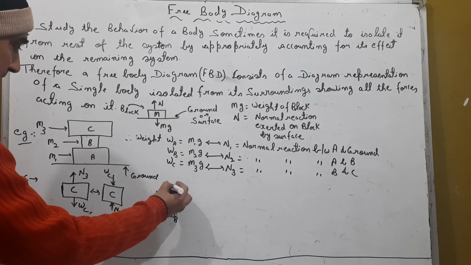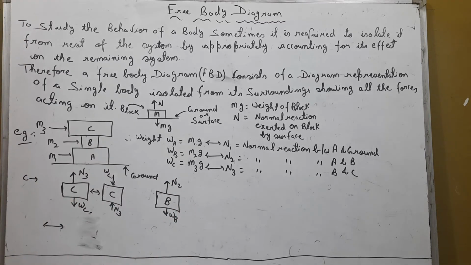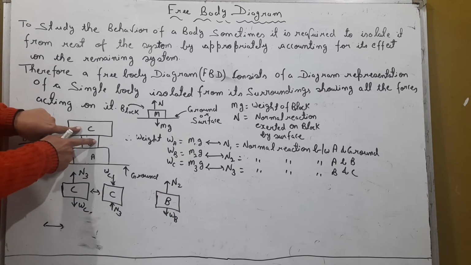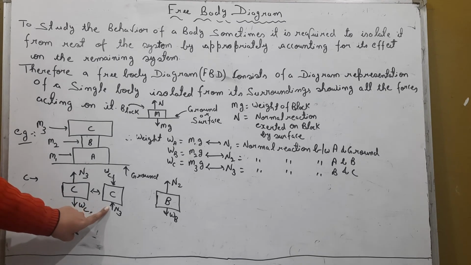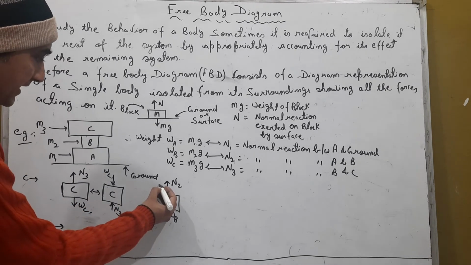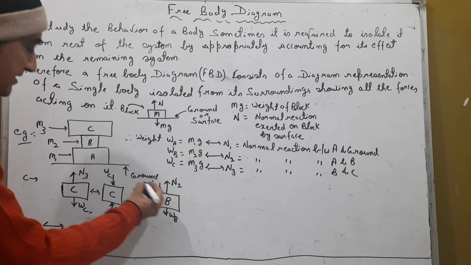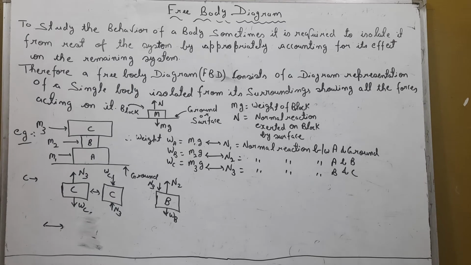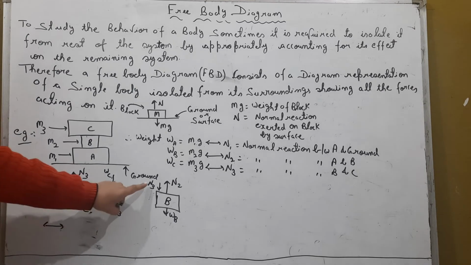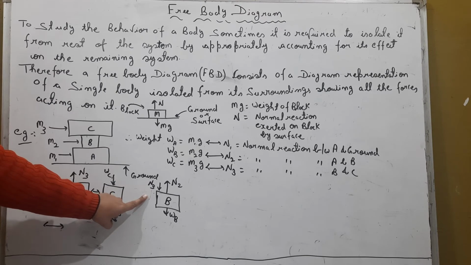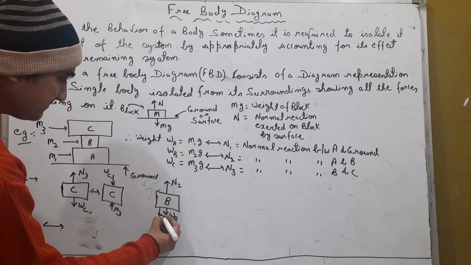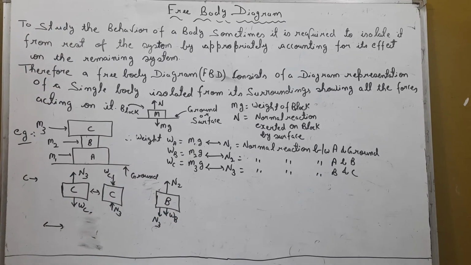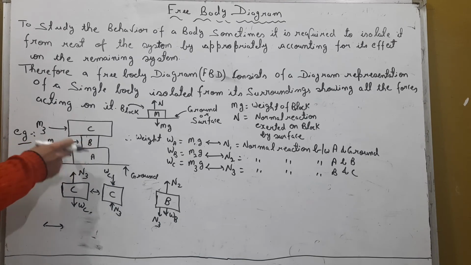Apart from this, B and C make a system, and for any system Newton's third law also works, action and reaction. If C is exerting an N3 force, then another force N3, the reaction force, acts on this block in the downward direction. So N3 is working on block B like this. This is the free body diagram of block B.